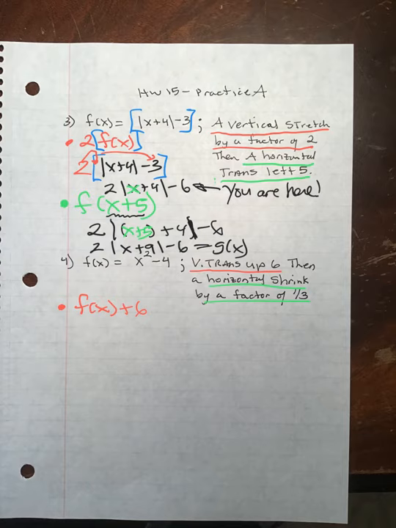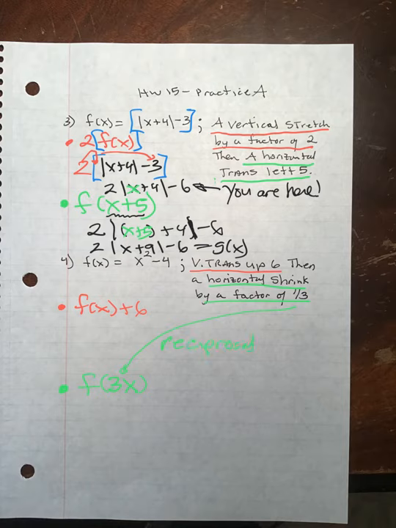Adding 6 to outside the function. And then the horizontal shrink, so horizontal shrink means it's inside. And remember, the factor is 1/3, so when it comes back, it has to come back as its reciprocal. So remember that 1/3 has to come back as its reciprocal.